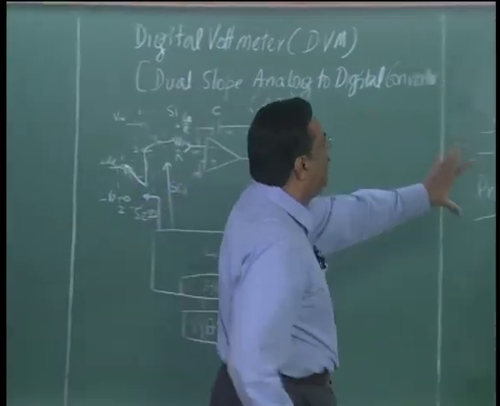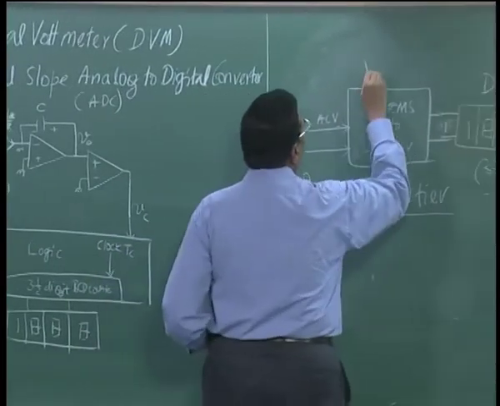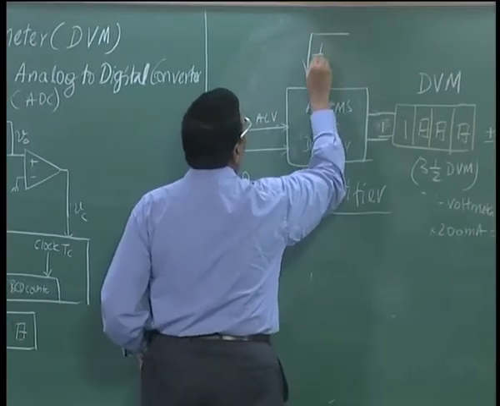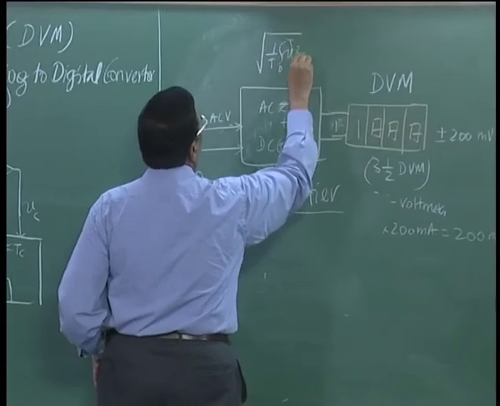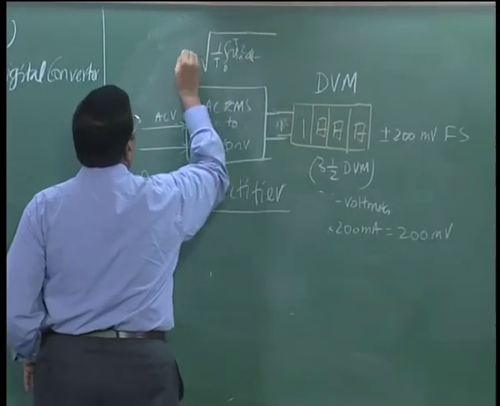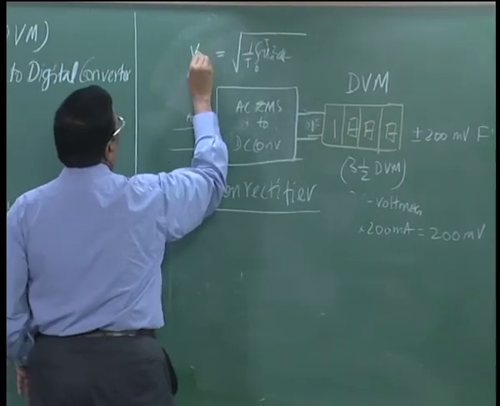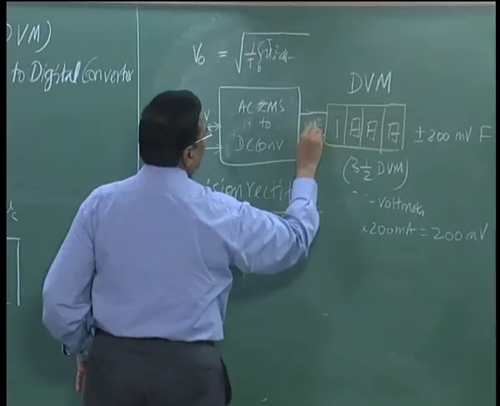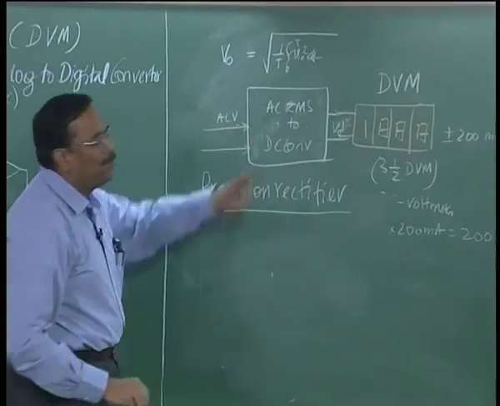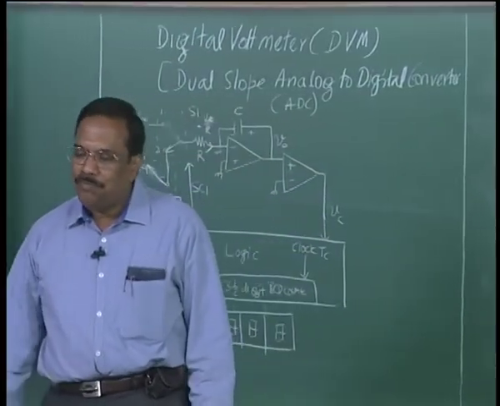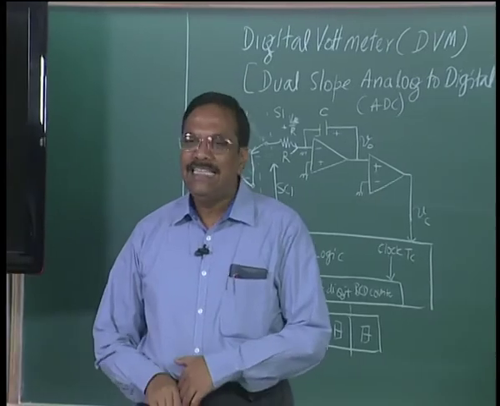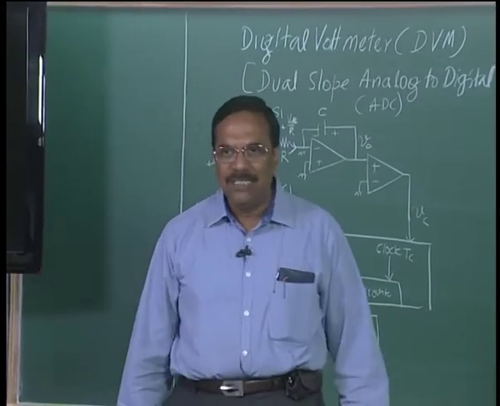This is another analog circuit which actually does the analog computation. So this is the V naught of the RMS to DC converter, right.